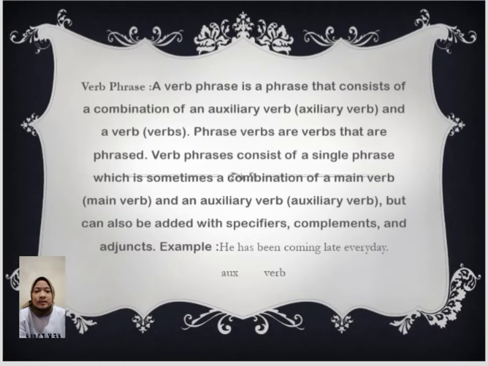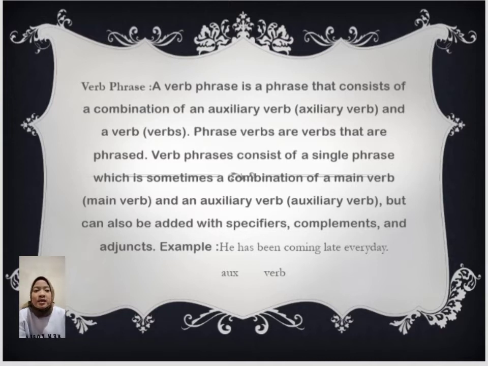Verb phrase. A verb phrase is a phrase that consists of a combination of an auxiliary verb and a verb or verbs. Phrasal verbs are verbs that are phrased.